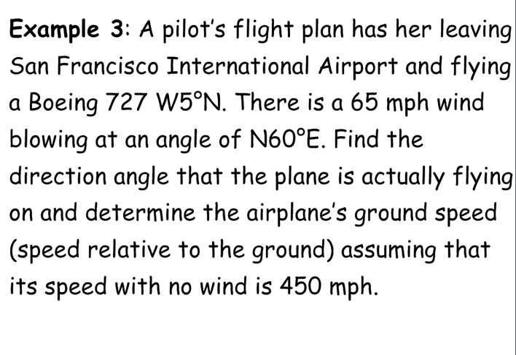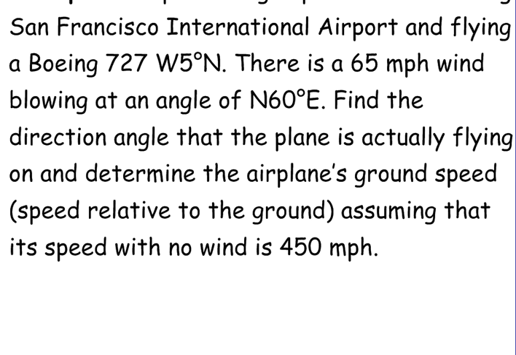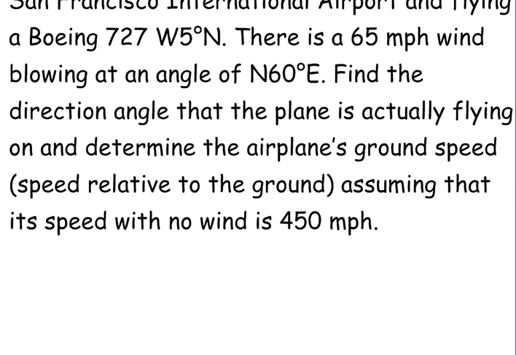Okay, so let's break down the two forces here: the wind and the speed of the plane. So again, let's draw a picture so we can get a visual. The plane is west 5 degrees north. So we start at west and we go 5 degrees towards north. So we got 5 degrees right here.